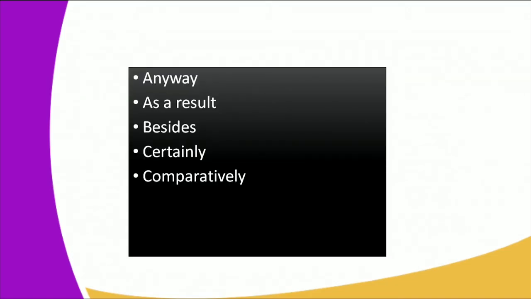Let us have a list of conjunctive adverbs that you can use on a daily basis. You can use them in your writing or when you're speaking. We have anyway, as a result, besides, certainly, comparatively.